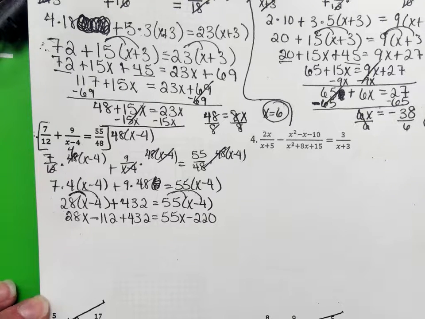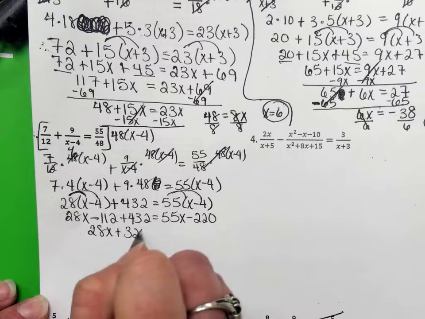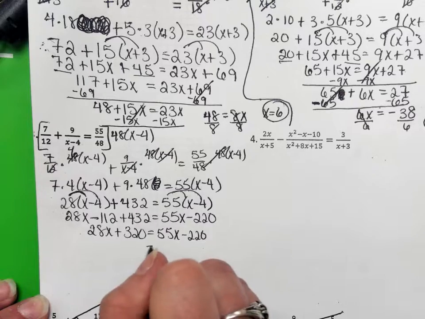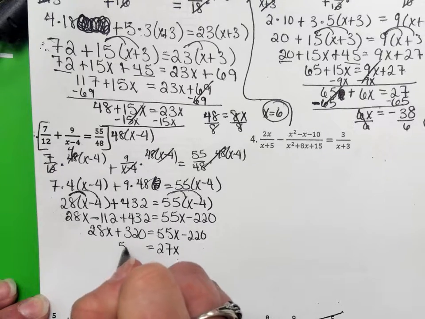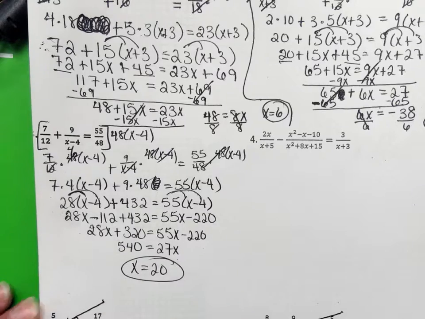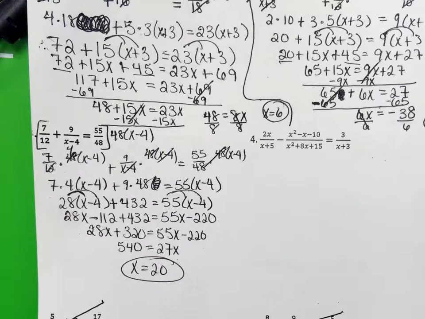Alright, so let's see. Should have gotten 20. Oh, that's fine. No, that's fine.